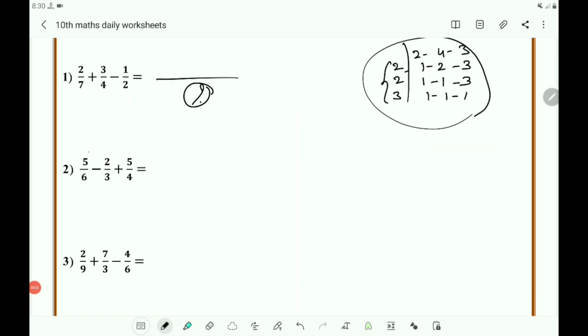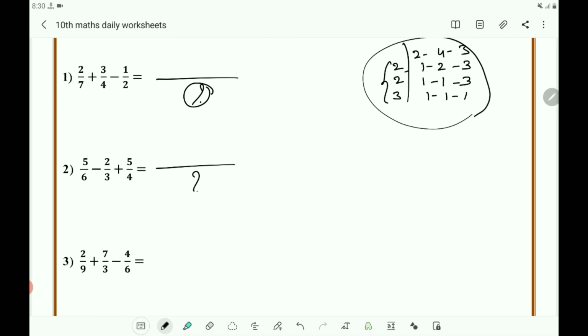Then the second one, 5 by 6 minus 2 by 3 plus 5 by 4. Here find the LCM of 6, 3 and 4, and after that simplify the numerator. The important thing is, after getting the LCM, you must find out the number by which these numbers are to be multiplied.